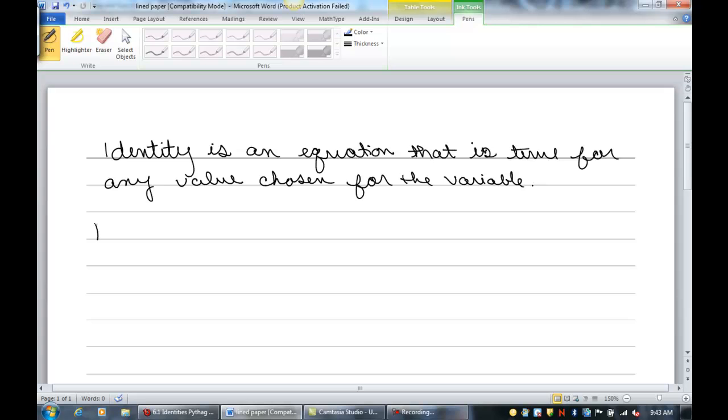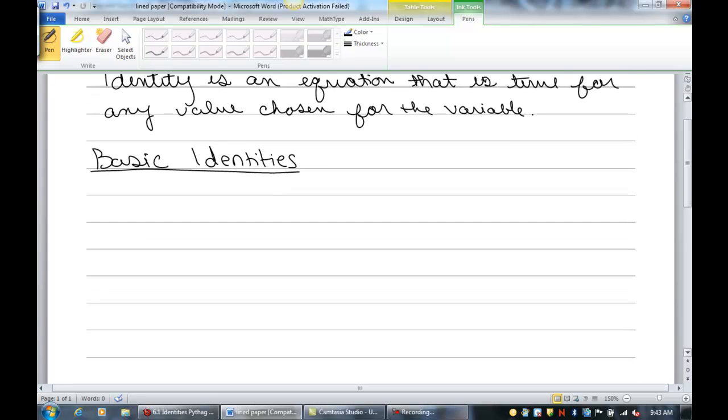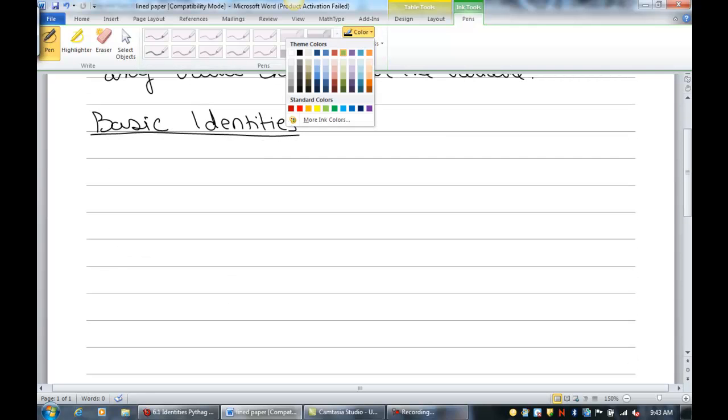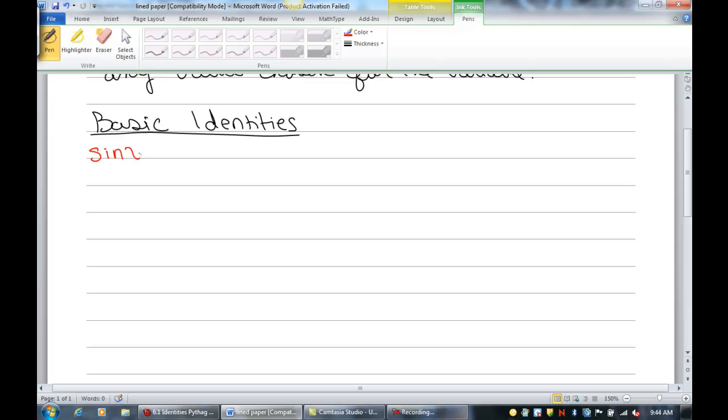Okay, so we've got some basic identities that we're going to look at. Now, a lot of these basic identities we already know, but we're just going to do a quick reminder of them. So our first ones are our reciprocals. We know that sine of x is equal to 1 over cosecant of x. Cosine of x is equal to 1 over secant of x.